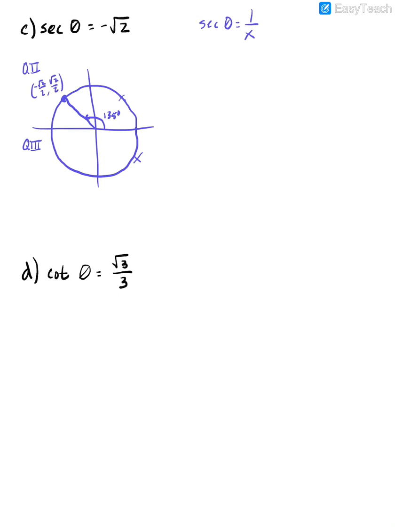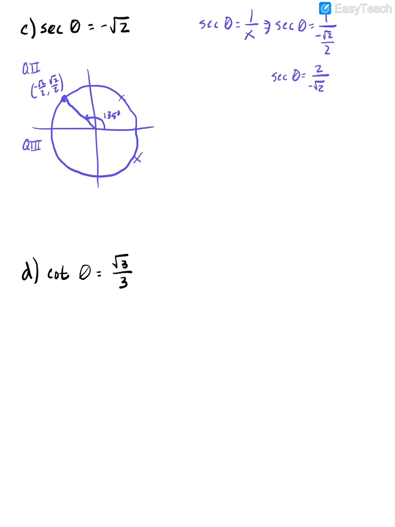If I look at this terminal point here, and I take out the x because that's all I want for secant, I get something that looks like that, right? Then here I would need to do the reciprocal. So that flips it around.